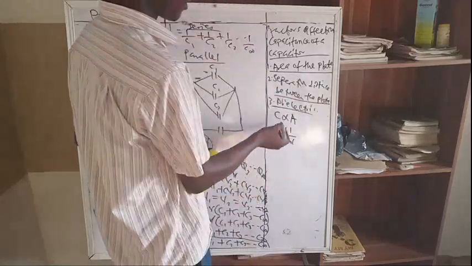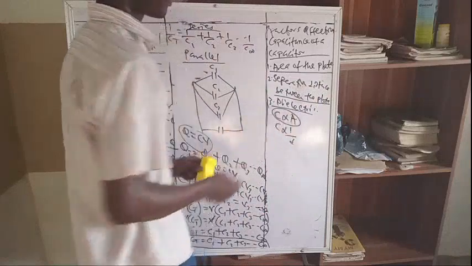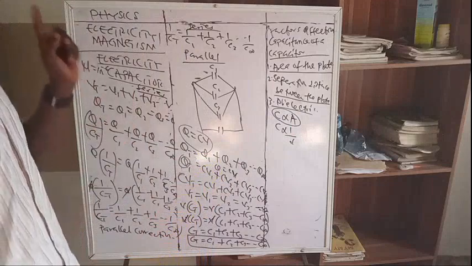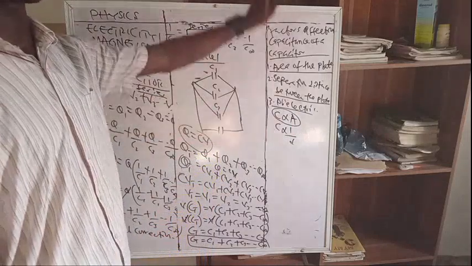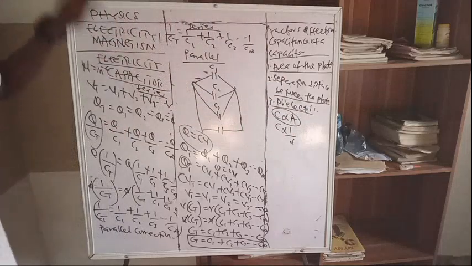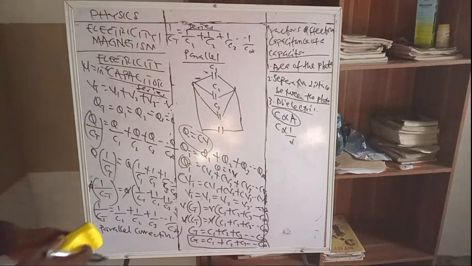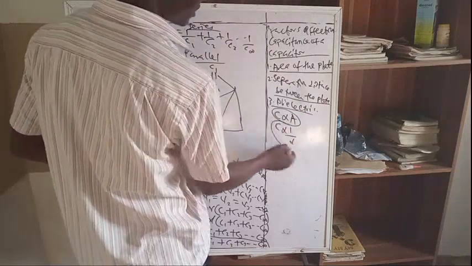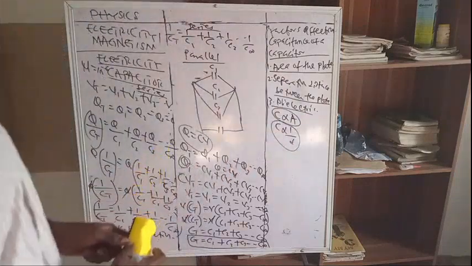So for the first one, C is directly proportional to A. Capacitance is directly proportional to the area of the plate. It suggests that as capacitance is increasing, area is also increasing. Then the separation distance, we see, is inversely proportional, 1 over distance, between the plates.